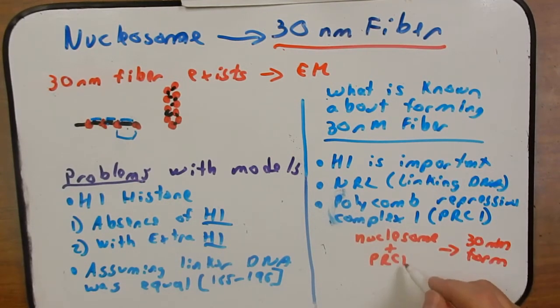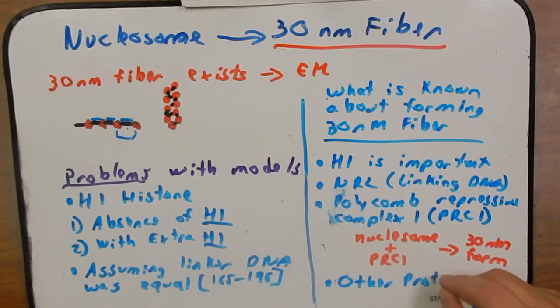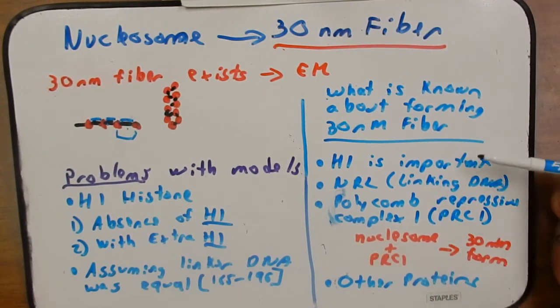Where PRC1 is binding to these nucleosomes, that is these beads on a string, to form this is not clear. And there are what I'm just going to call other proteins. Still learning a lot about this, but you should know that the H1 is important, that the nucleosome repeat length is important, how far apart the nucleosomes are spread, and this one protein called polycomb repressive complex 1.